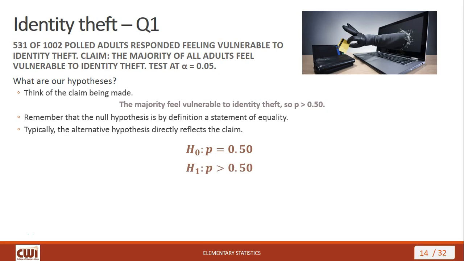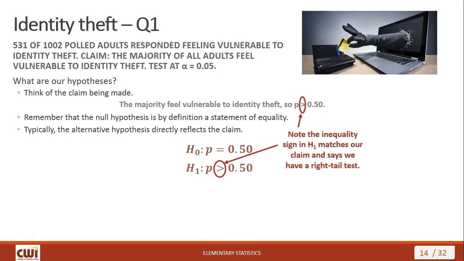So P is greater than 0.5 forms our alternative hypothesis. Note, the inequality sign in H1 matches our claim and says that we have a right-tailed test. This will become important later when we're drawing our final conclusions and stating them in non-technical language.